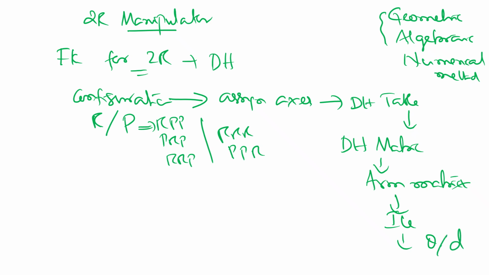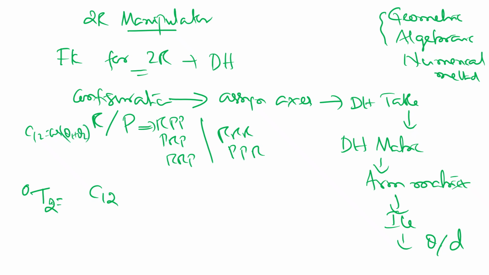So in this, we are going to follow this algebraic method. We know that the forward kinematics for a 2-DOF manipulator, since it is a 2 DOF, the second joint with respect to the reference frame is equivalent to C12. C12 means cos of theta 1 plus theta 2.